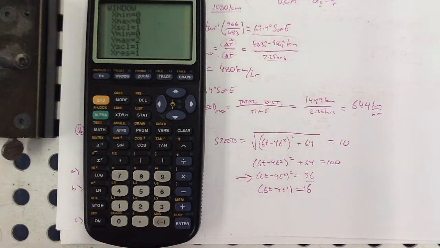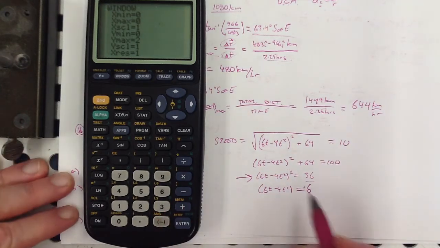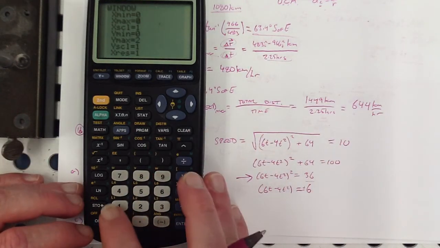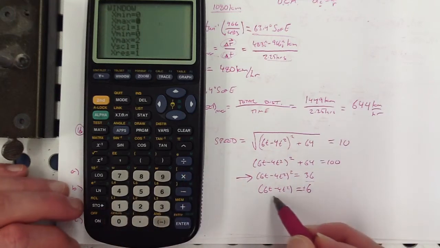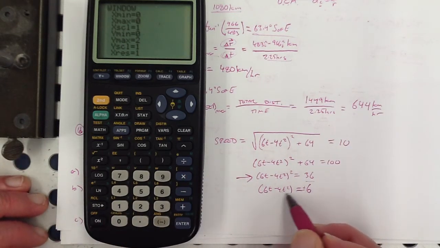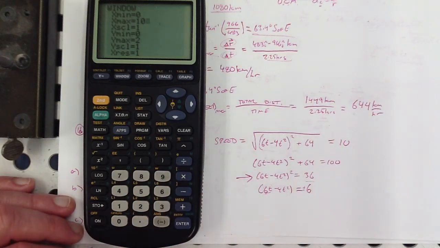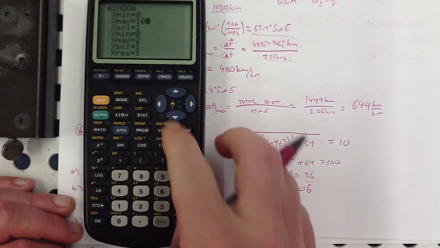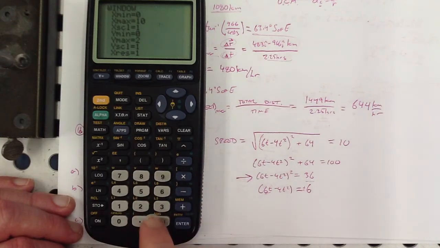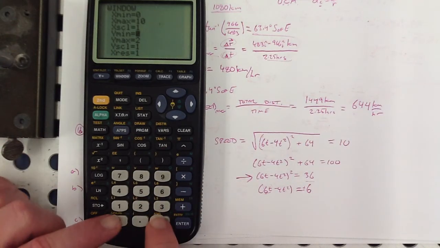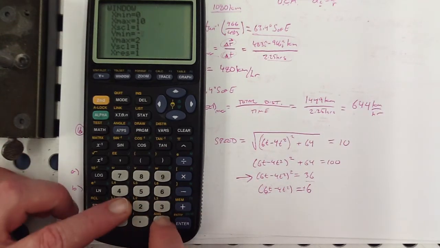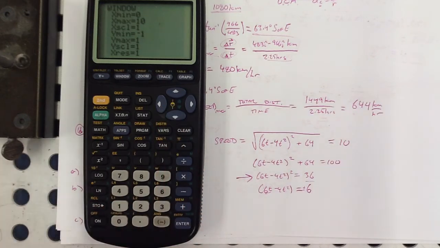And how high up on the axis should I go? Well, I could try going to 10. Once I get to 10, this would be like 60 and then 4 times, so this is way bigger, so I think 10 is plenty big for us to see when that might be equal to 6. And I only need to see in the y-axis where it crosses, so I could just go like negative 1 and 1. There, could do that.